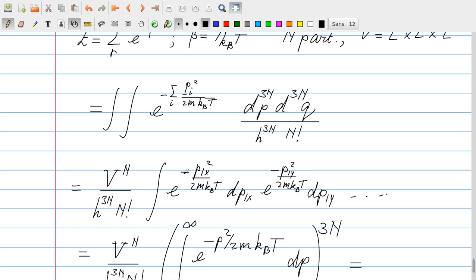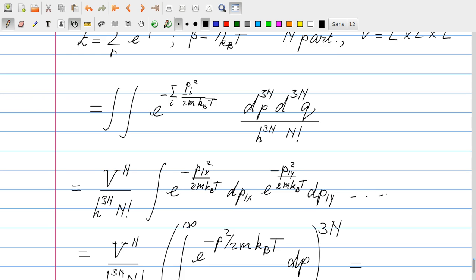And so the first integral is e to the power minus p_1x squared over 2mk_BT, an integral over dp_1x, because that's the only p_1x dependence that we have, times an e to the power minus p_1y squared over 2mk_BT, and so we have a dp_1z, and then we have a dp_2x, a dp_2y, etc.